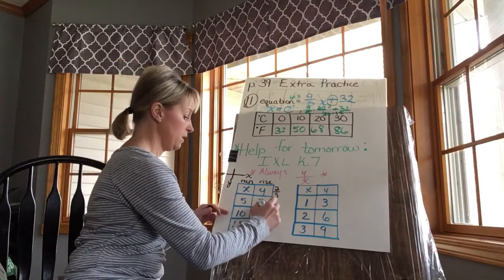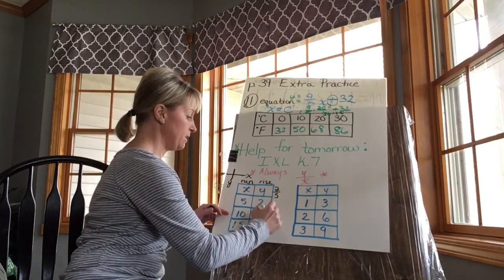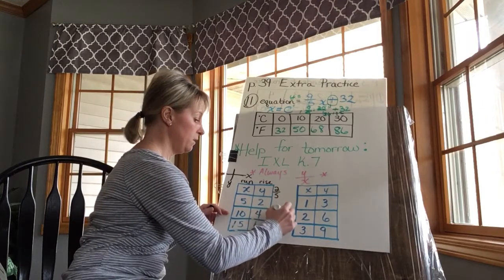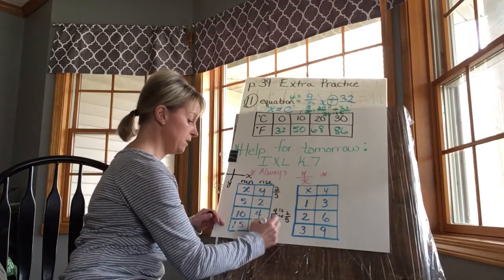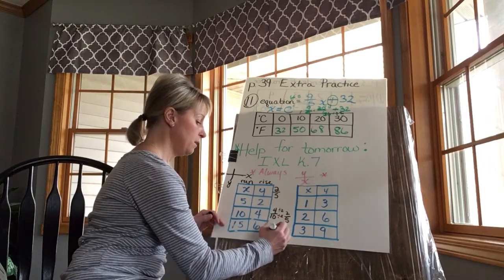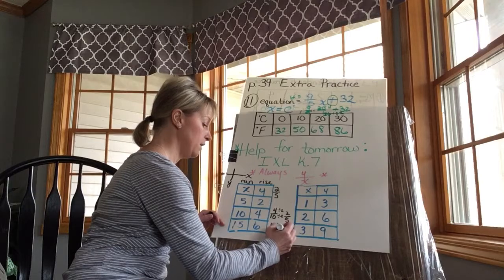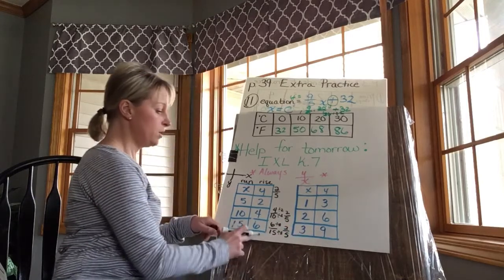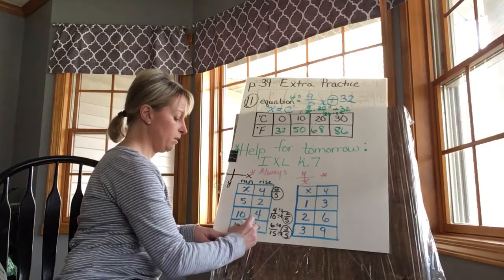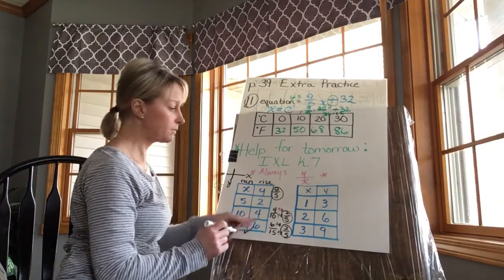Then I take 4 divided by 10, which if I reduce it by 2, I get 2/5. 6 over 15, I reduce by 3, and I get, again, 2/5. So if they all equal 2/5, this one must be proportional.